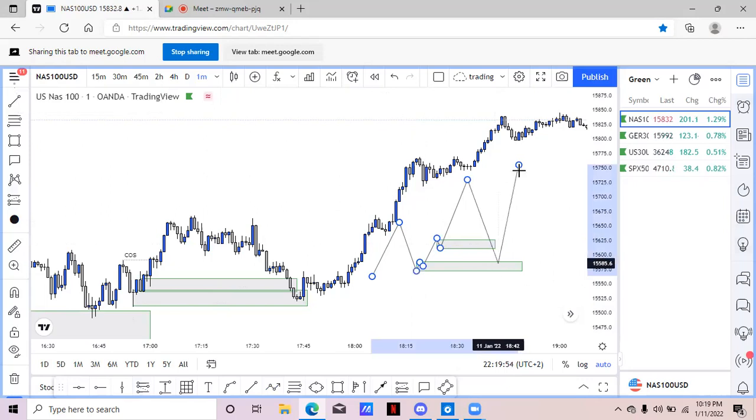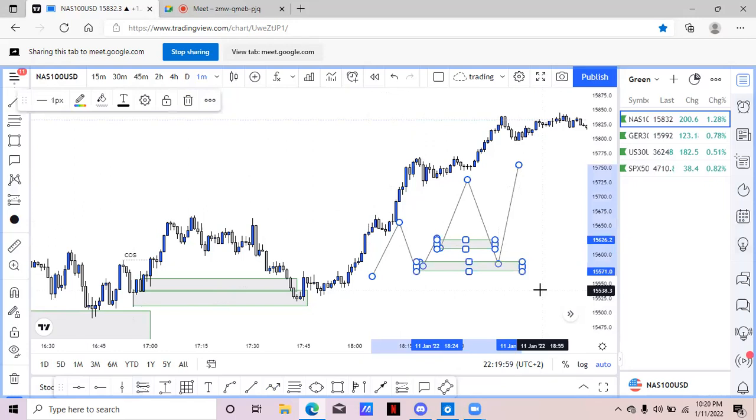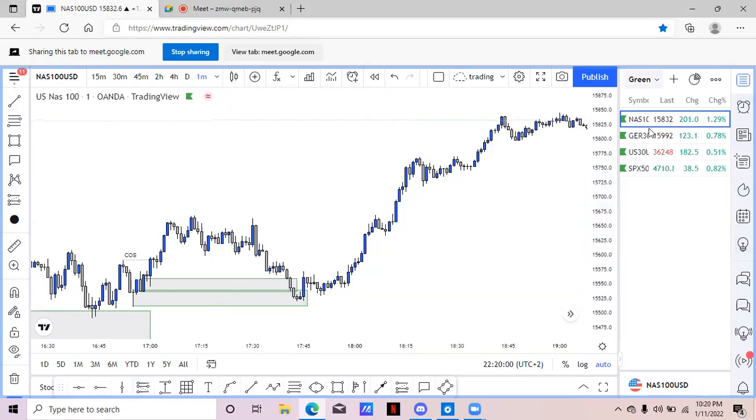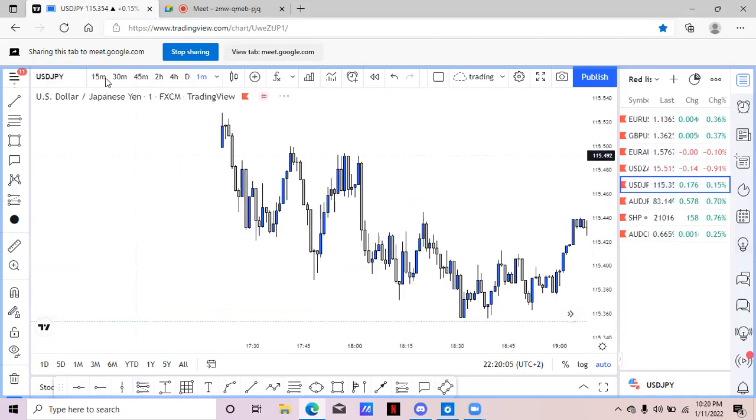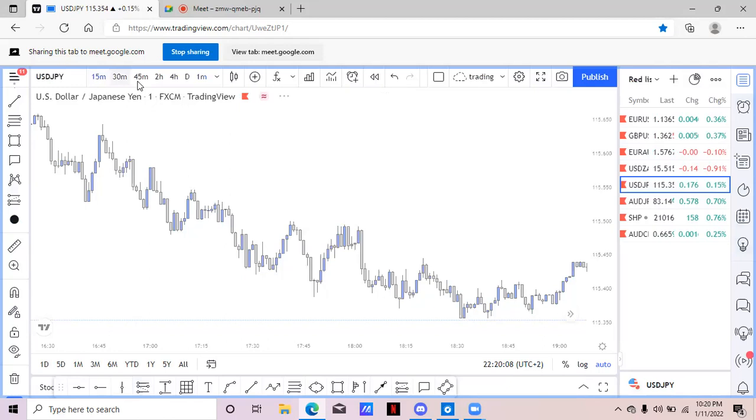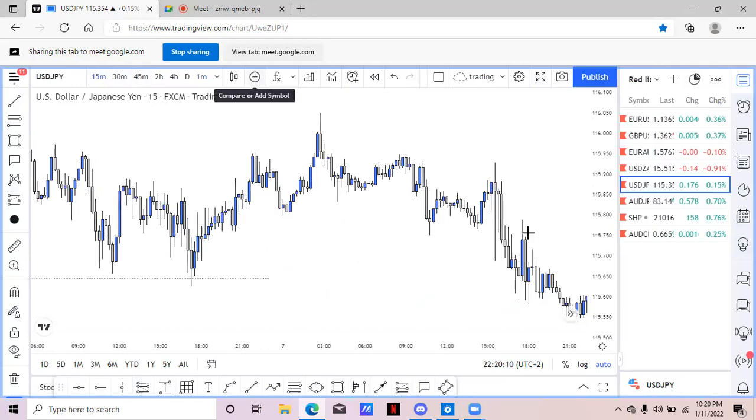See, it happened again on my setup that I actually have running, which is USD JPY. If you're not running it, then it's fine, it's your loss, because I did send the setup in the group.